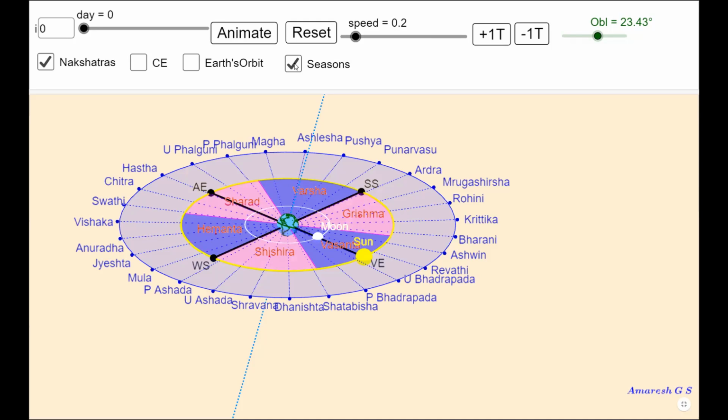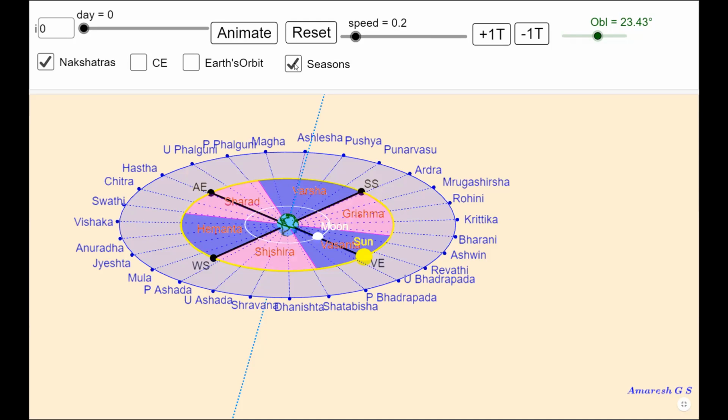We will begin with the first day of the solar year, that is with the day of vernal equinox. In our simulation, that day happens to be the day of Amavasya. Therefore, as seen from the Earth, the sun and moon would be together.